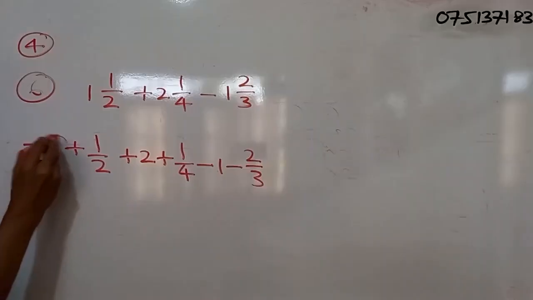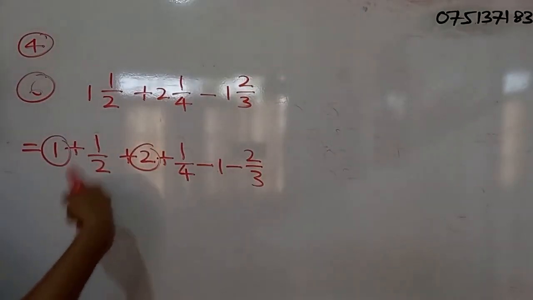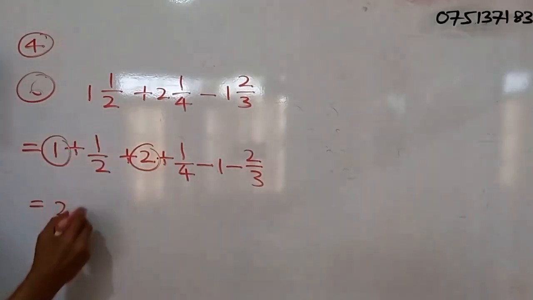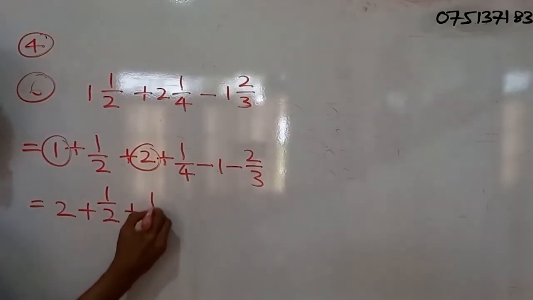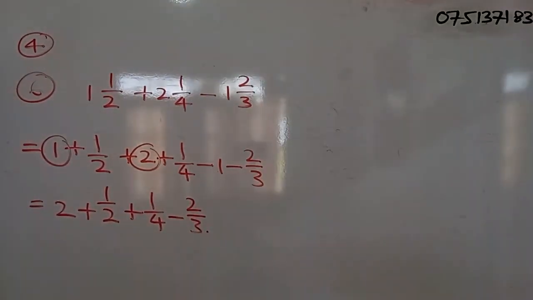So 1 plus 2 we know that is 3. 3 minus 1 we know that is 2. So we will write the remaining fractions. So we have 1 by 2 plus 1 by 4 minus 2 by 3. Right?